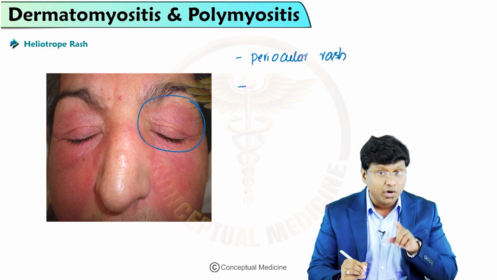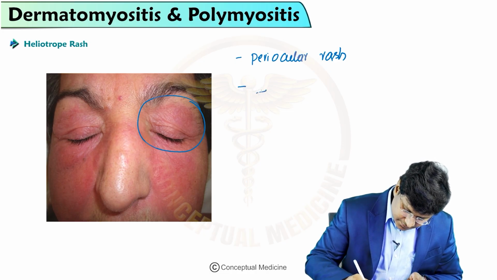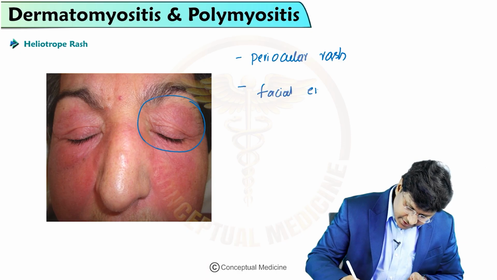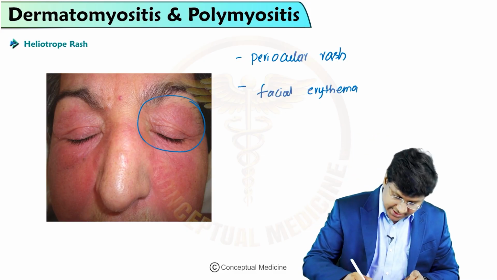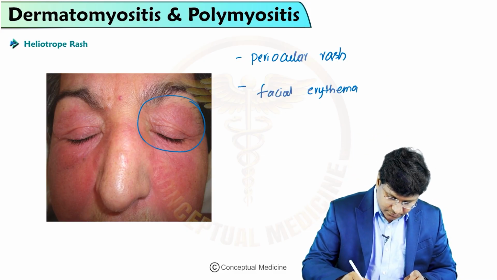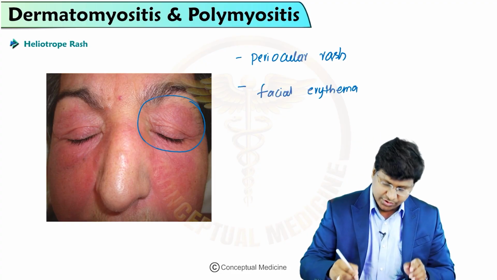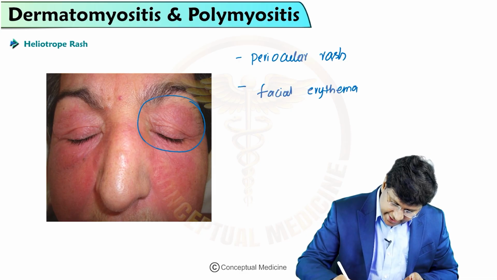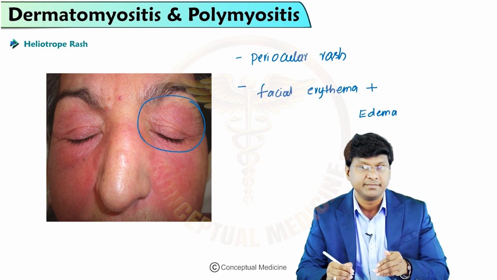You have the periocular rash, then there will be facial erythema, that is redness over the face, and there can be edema along with this particular rash. So there will also be facial edema.